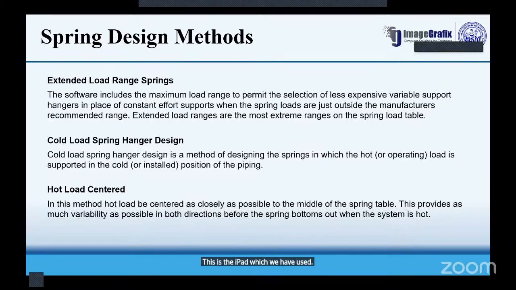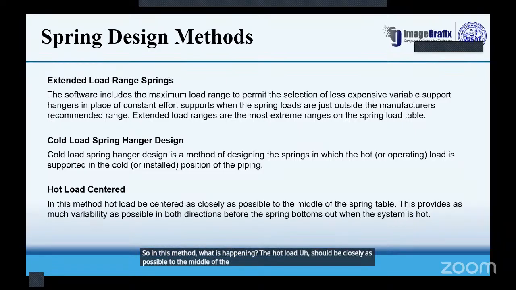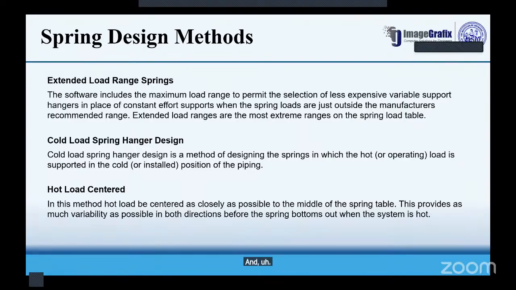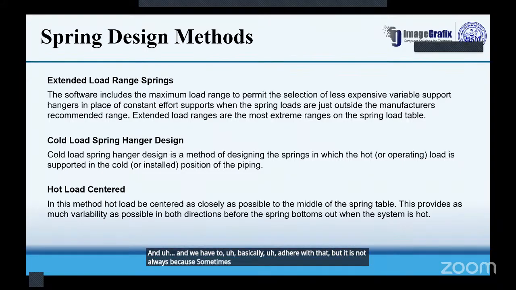And we also have the hot load centered method. In this method, the hot load should be as close as possible to the middle of the spring table. It will always try to go for the middle of the spring table, and we basically have to adhere to that, but not always, because sometimes it is not exactly at the middle of the spring.